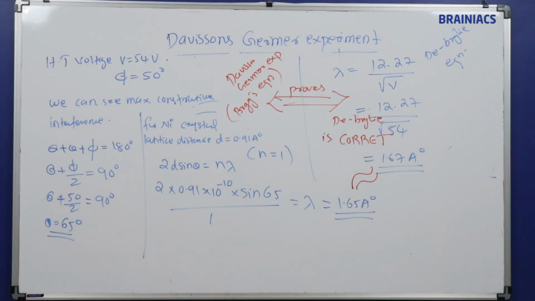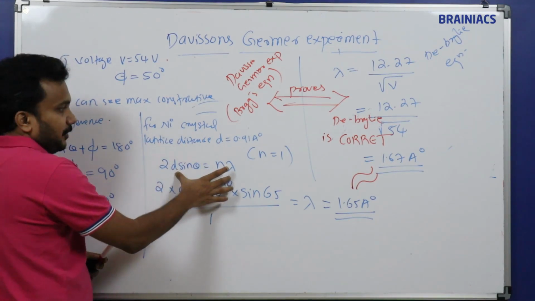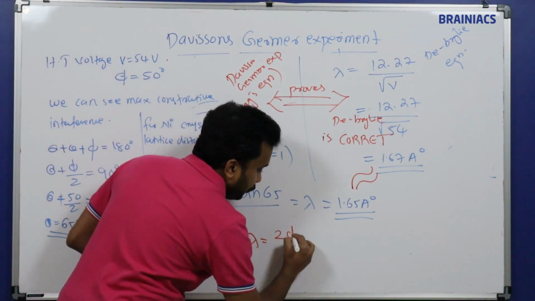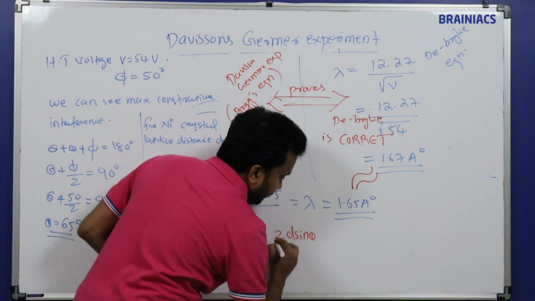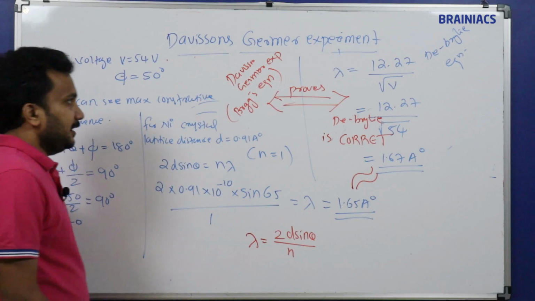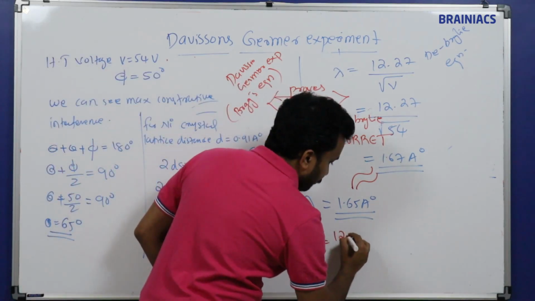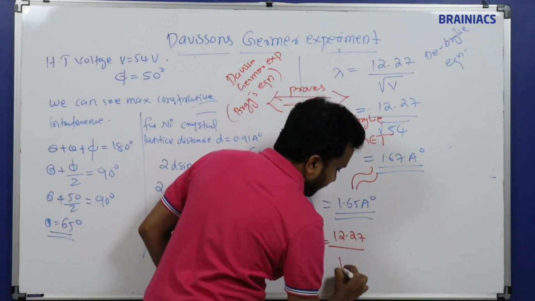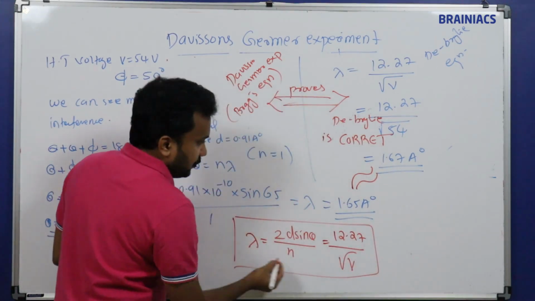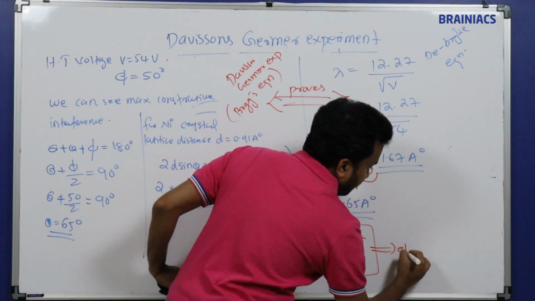So very important, from this formula I can write, listen very carefully, a final conclusion: 2d sine theta divided by n, which is lambda, is equal to 12.27 divided by root V. This formula is applicable for electron.